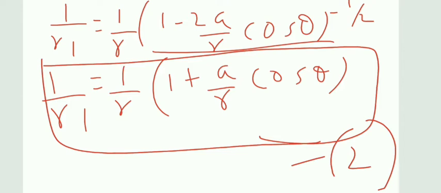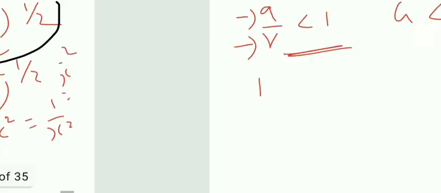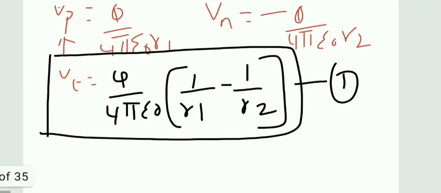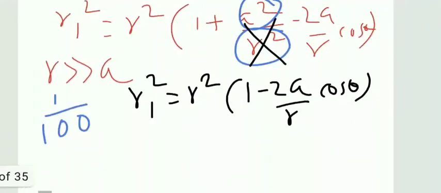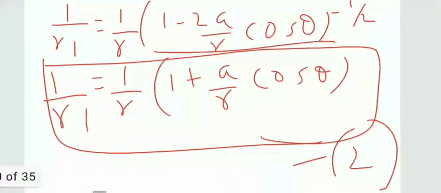To find 1 by r2, we take triangle AOP. You see, the triangle AOP is this triangle, and we follow the same procedure we did for BOP. So first we draw triangle AOP. Let me draw that.